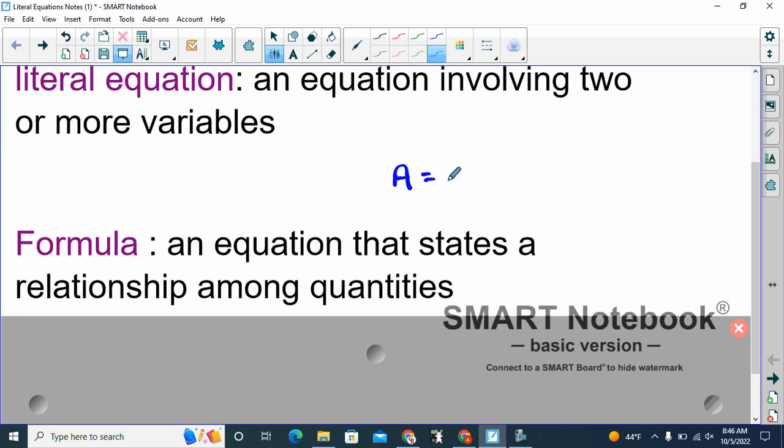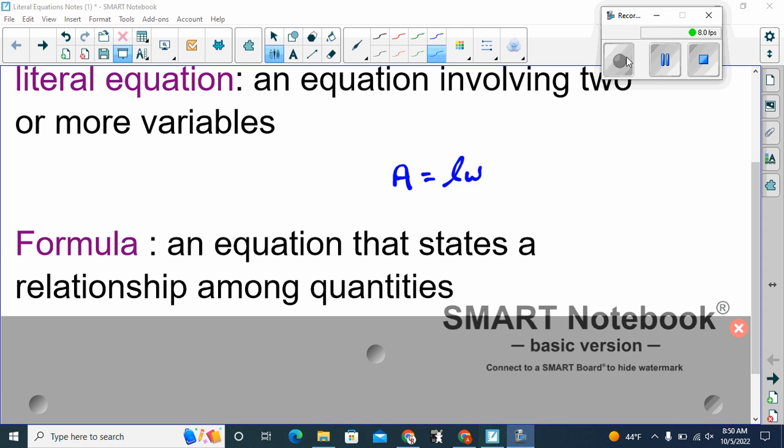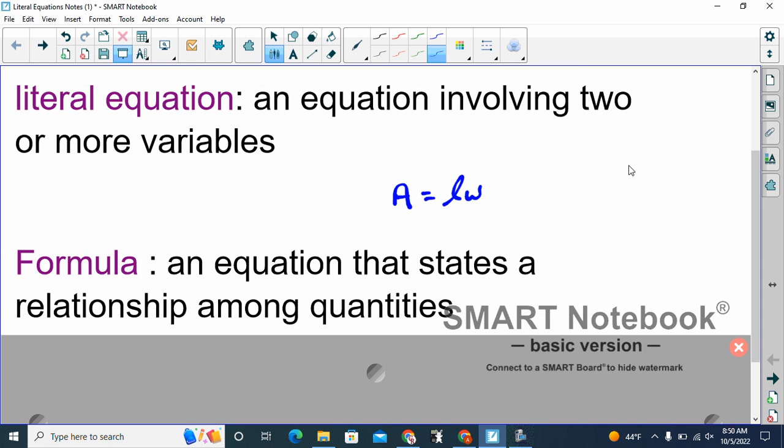Area of a rectangle is length times width. That is the formula relating the area of a rectangle to its length and its width. So we will be solving these literal equations as well as working with formulas today.